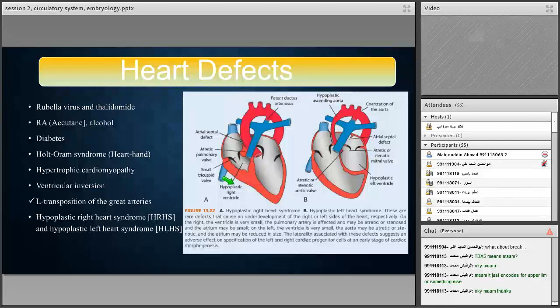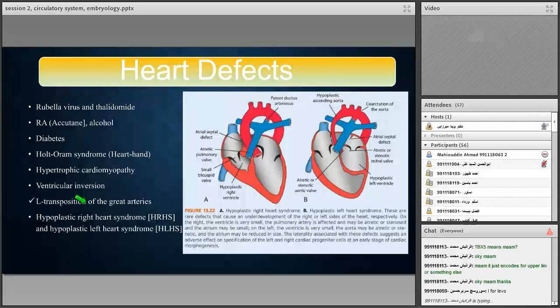This defect is also called L transposition of the great arteries, because the pulmonary artery exits the left ventricle and the aorta exits the right ventricle, the morphological right ventricle.